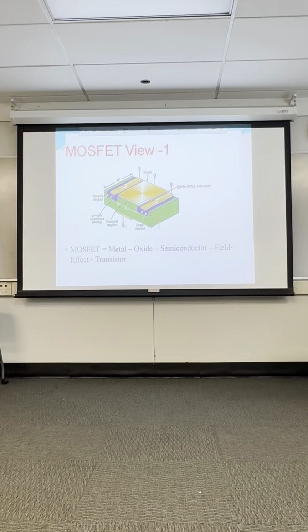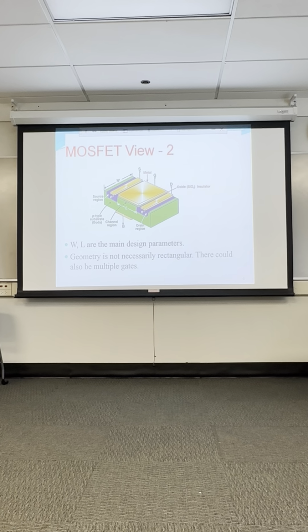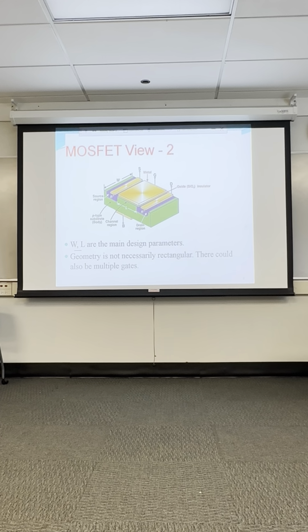When designing with MOSFET transistors, the designer has the free option of changing the width and length of the gate. These dimensions are not all the time rectangular, and you can also have multiple gates on a MOSFET.